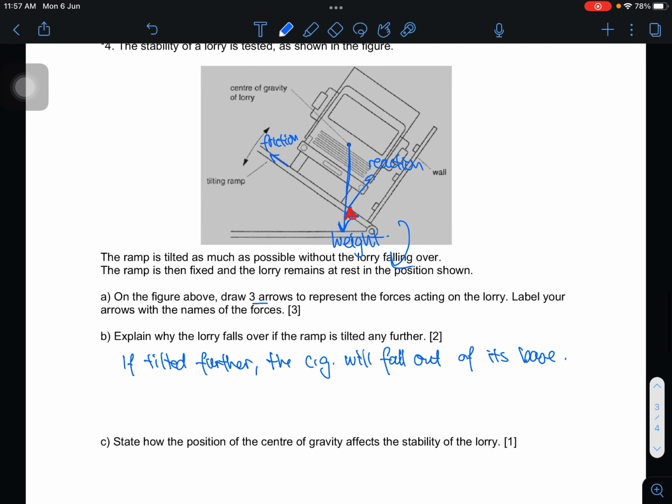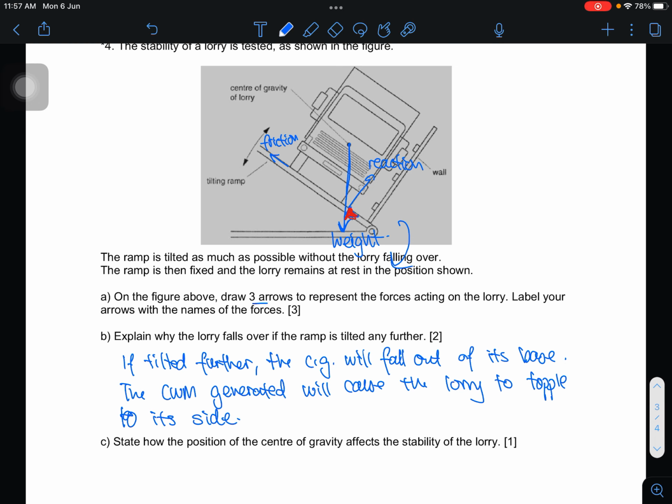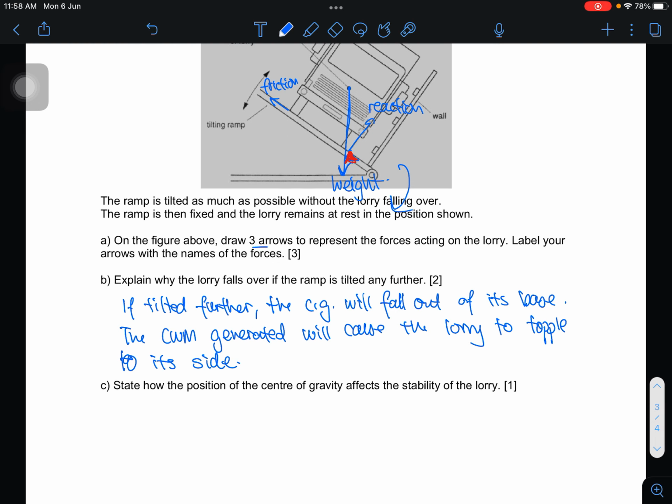The clockwise moment generated will cause the lorry to topple to its sides. So that's the second mark.